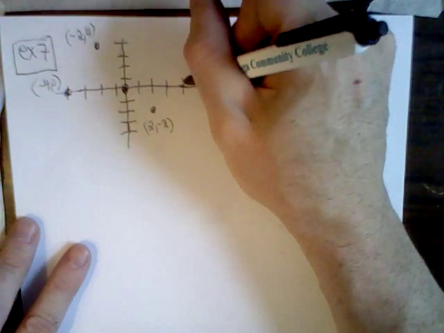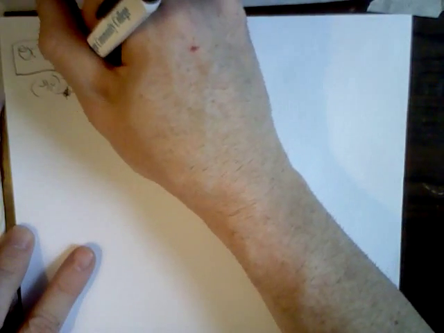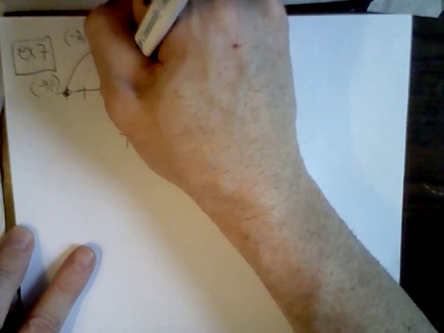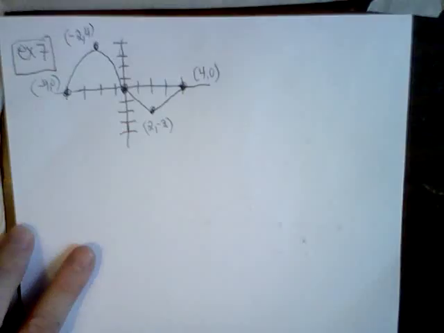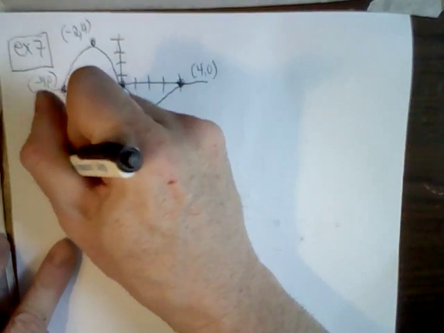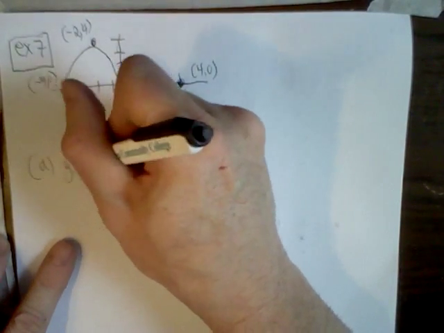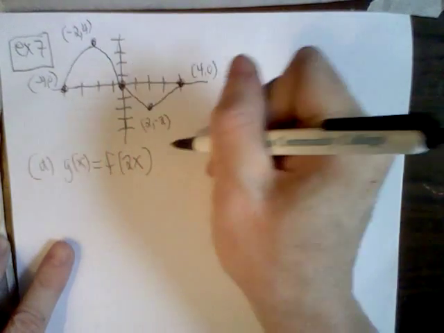And then I'll have 4, 0. And it's curvy, it's smooth like that, and then it has this kind of cornery type behavior in that interval. Part A, they want you to draw f of 2x.